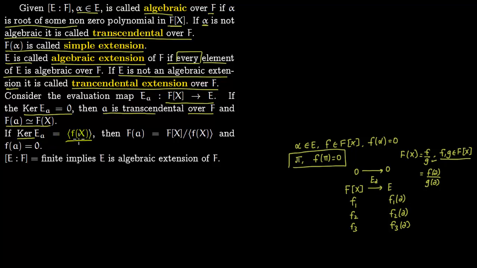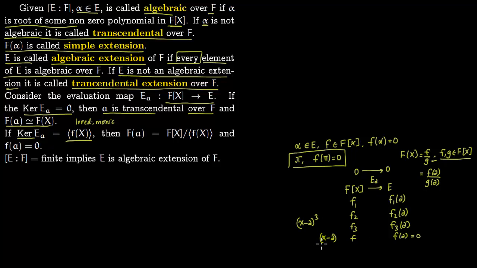Now on the other hand, if the kernel of E_alpha is generated by some polynomial f(x), you take an irreducible monic polynomial here. There is some polynomial f which becomes 0 if you evaluate it at alpha. Obviously some polynomial like x minus alpha could be there, x minus alpha cubed could be there, and so on.